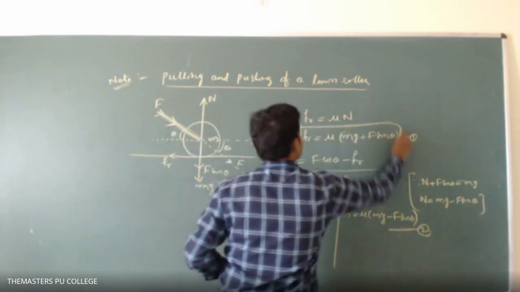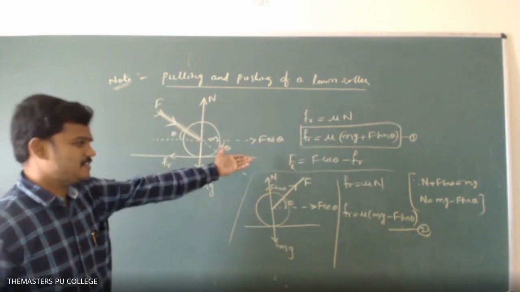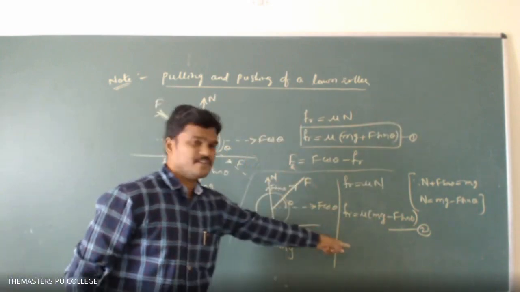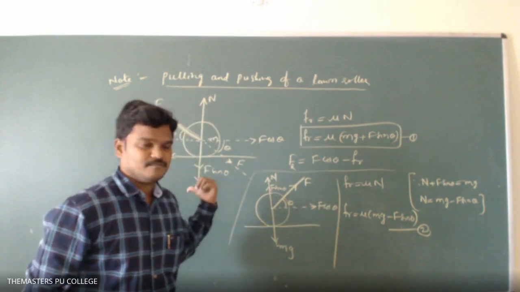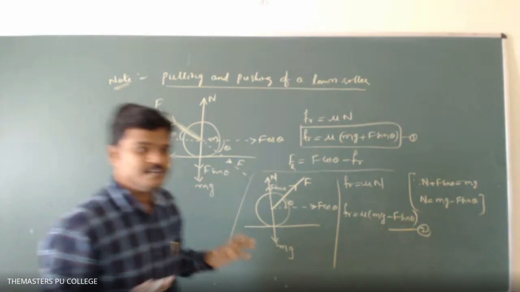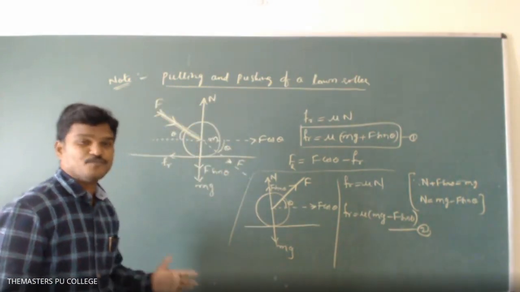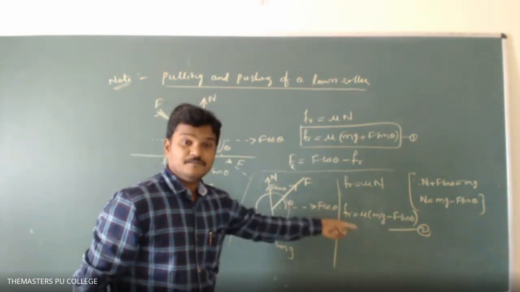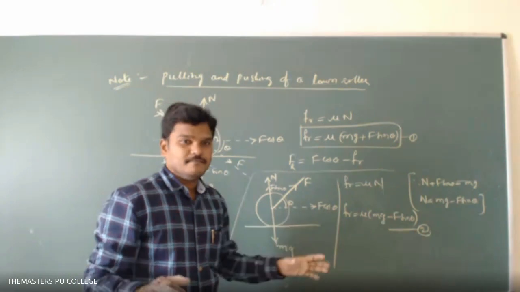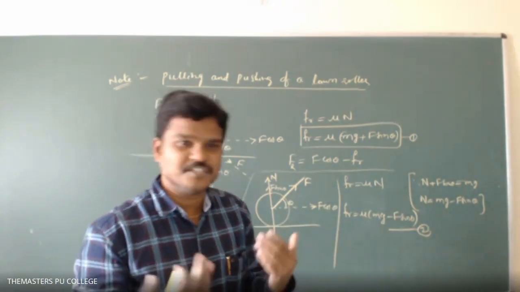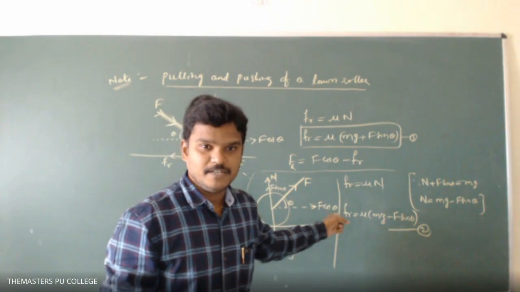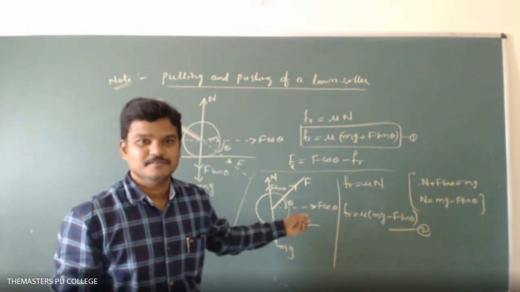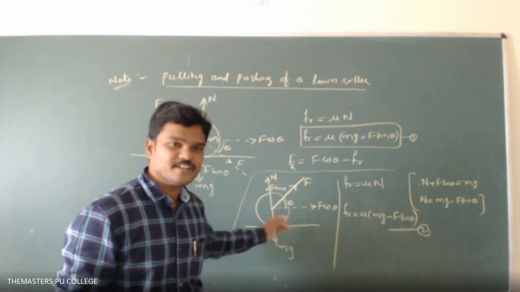Identify the two equations. I am doing only the frictional forces. We can find the resultant force also. The resultant force is again the same, F cos theta minus Fr, but the Fr value is different. Tell me, in which case is the frictional force maximum and in which is it minimum? In the first case, pushing, the frictional force is maximum. In pulling, the frictional force is minimum. If the frictional force is less, we can pull easily.